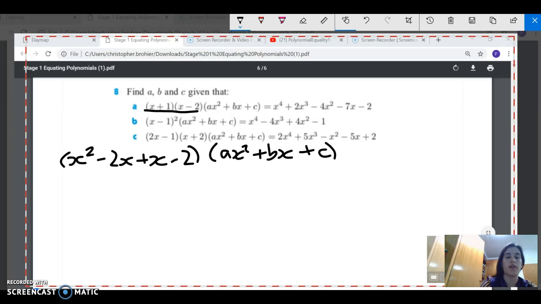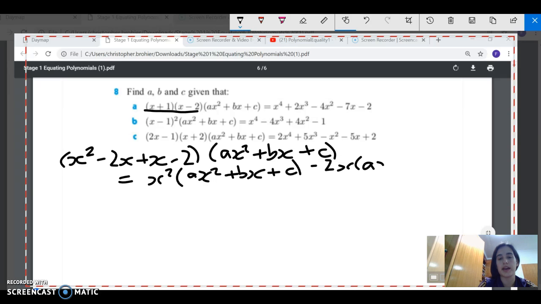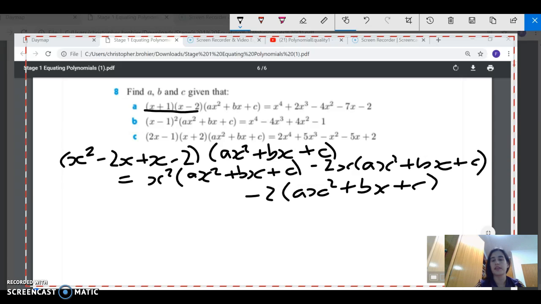Then that equals x squared outside of ax squared plus bx plus c, take 2x outside of ax squared plus bx plus c, take 2 outside of ax squared plus bx plus c. Then you expand all that through.